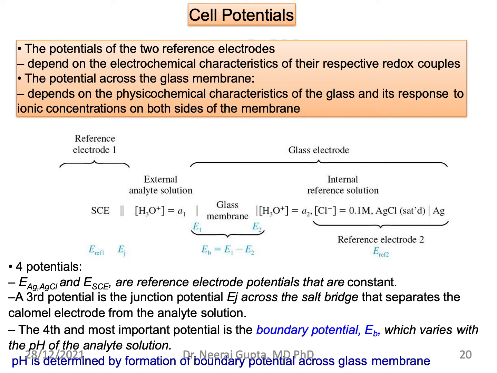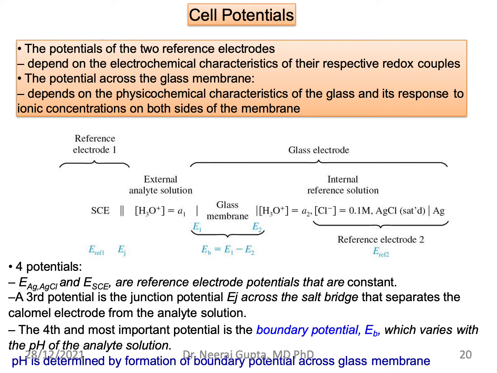Let's review all the cell potentials in this situation. First of all, the potentials of the two reference electrodes will depend on the electrochemical characteristics of their respective redox couples. And then the potential across the glass membrane, which we have just seen, depends on the physicochemical characteristics of the glass and its response to the ionic concentration on both sides of the membrane.